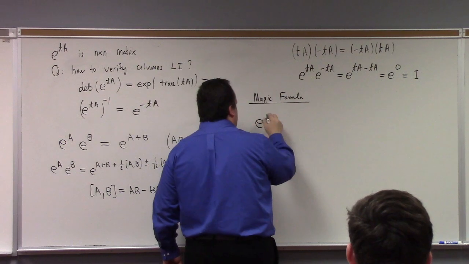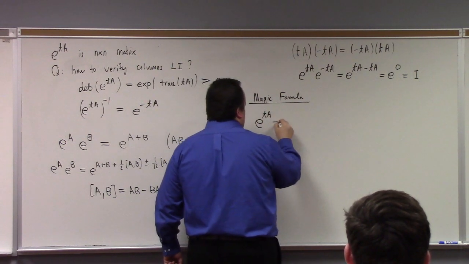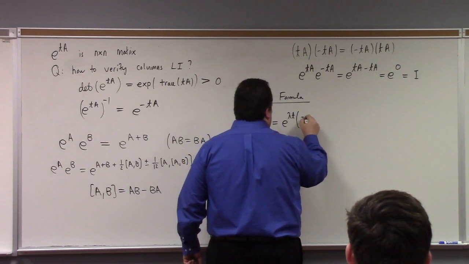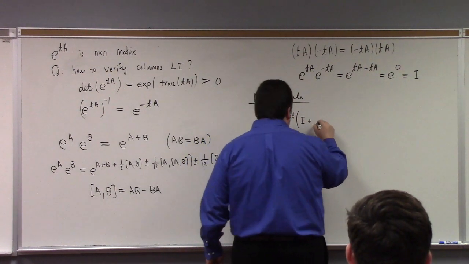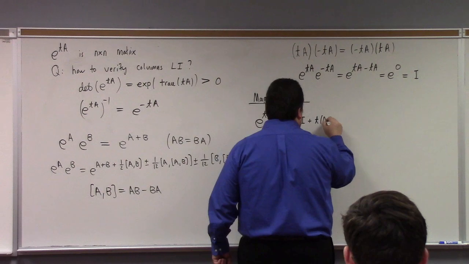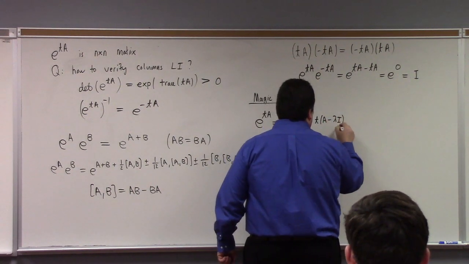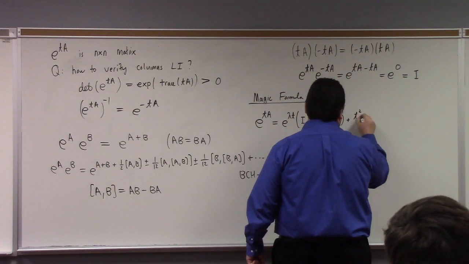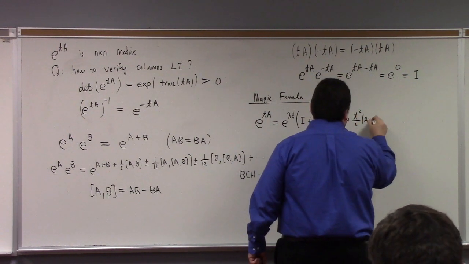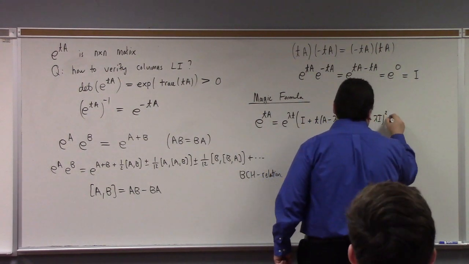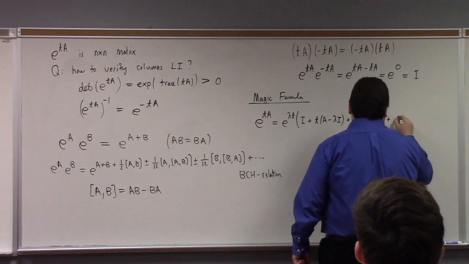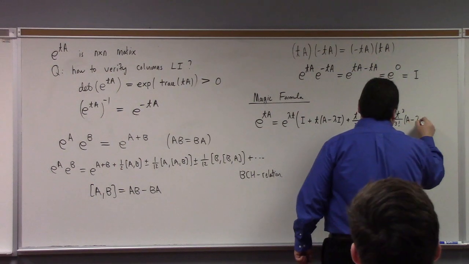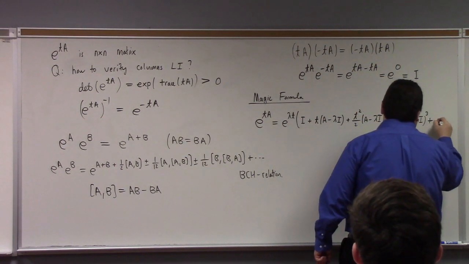It says this: e to the tA is equal to e to the lambda t times I plus t times (A minus lambda I) plus t squared over 2 (A minus lambda I) squared plus t cubed over 3 factorial (A minus lambda I) cubed plus dot dot dot.